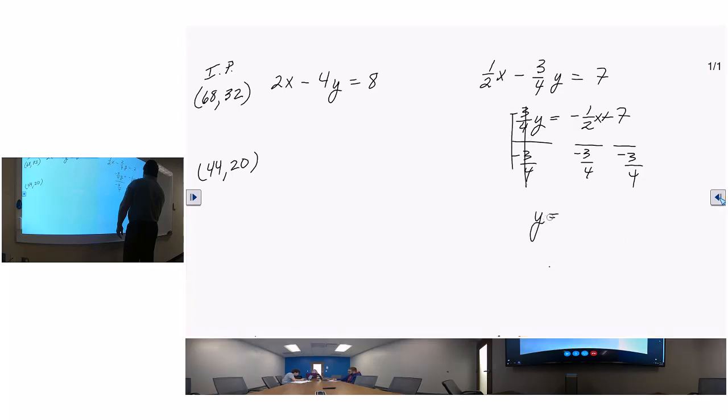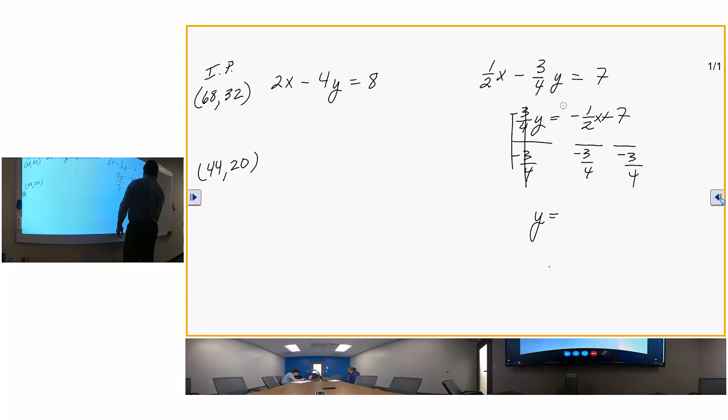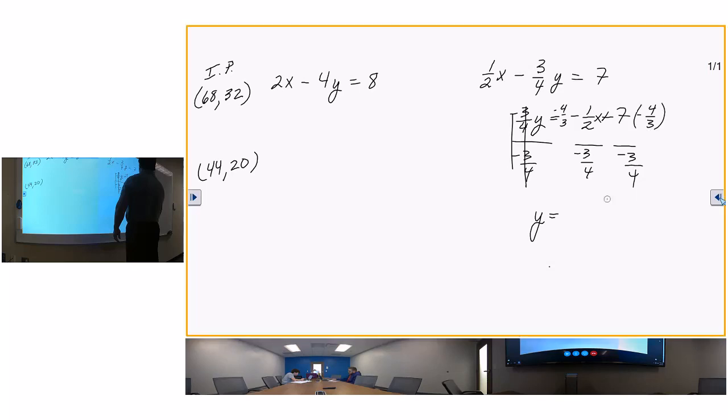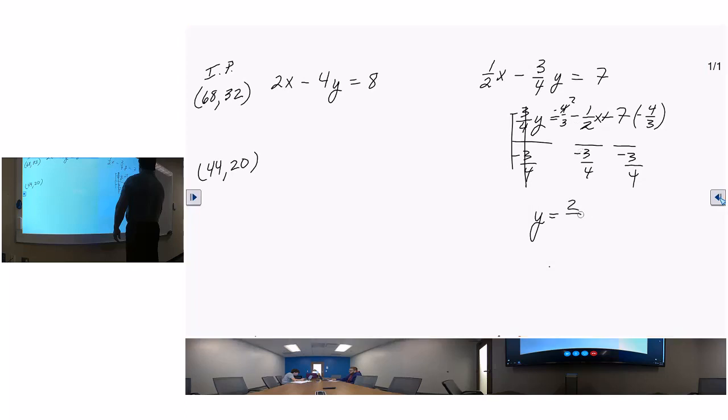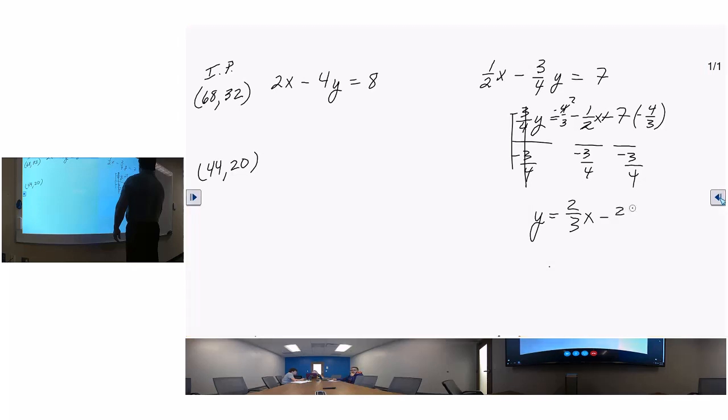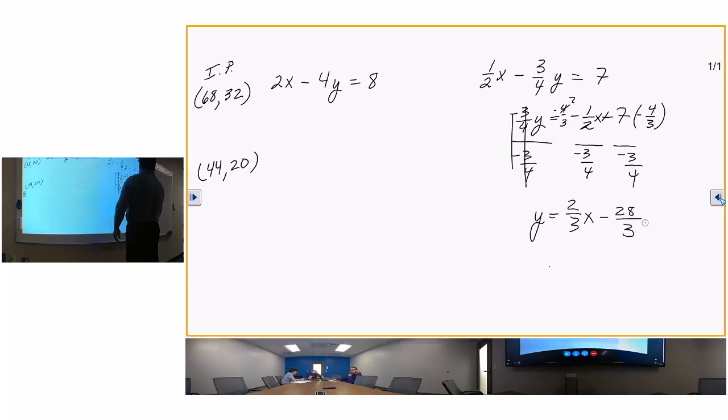Y is equal to, negative 4/3 times negative 1/2 is going to be 2/3 x. What do y'all get? And then negative 28/3. Somebody look back at what we did and see if we got that for the substitution.